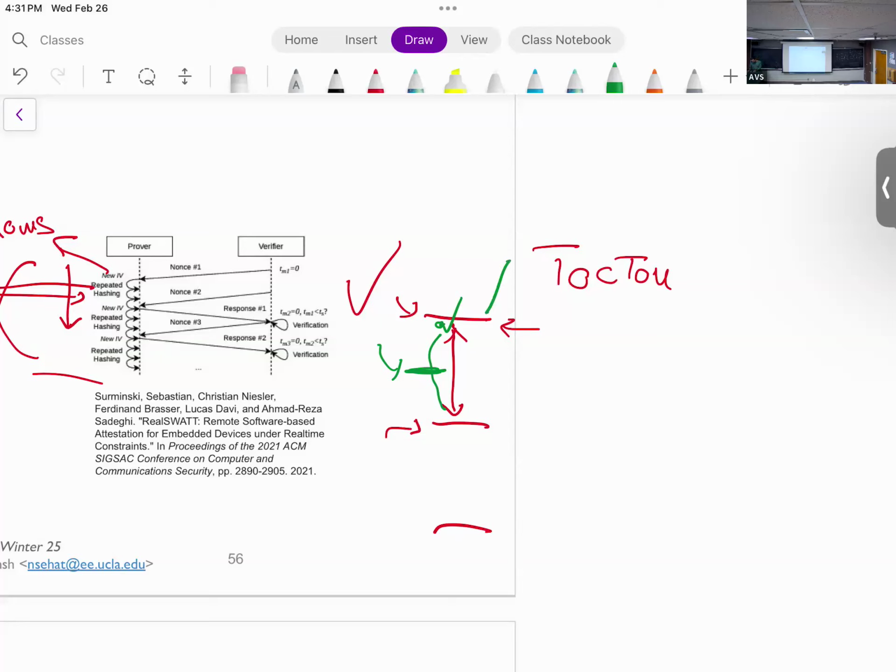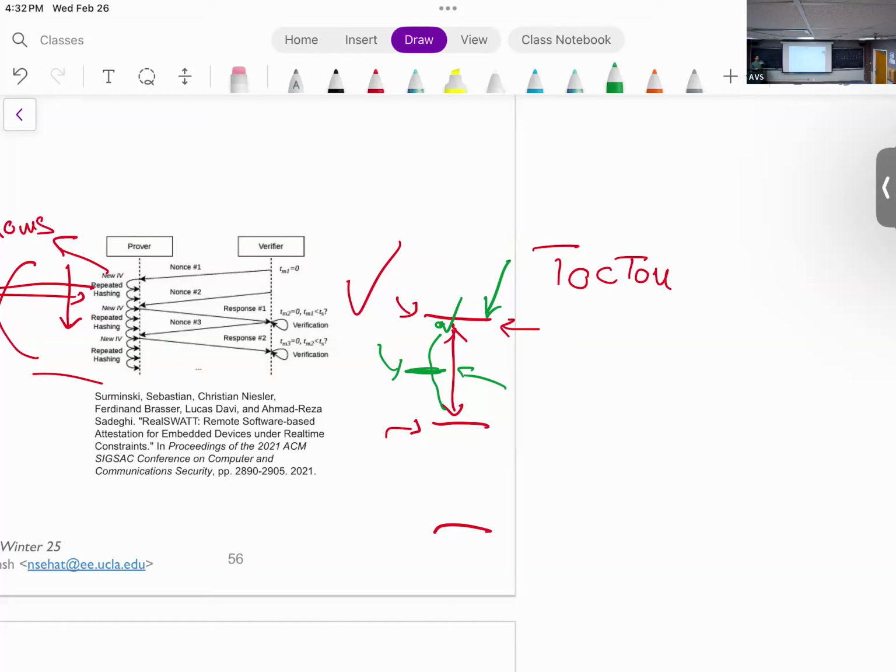So this is the time of check. During the time of check, I know that my system is trusted, but during the time of use, unfortunately, my system is vulnerable to attacks. And if you remember, we talked about solutions for that. For example, if you want to close the memory safety during runtime, we should use things like shadow stacking or make sure that our code is not vulnerable and so on.